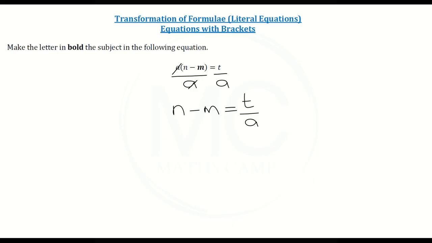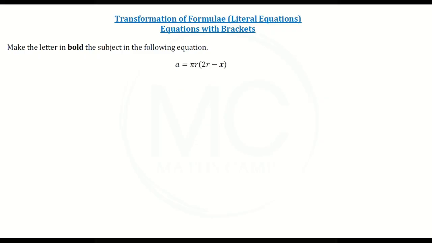Now, our bold letter is m, but in this case, it's negative. So what we need to do now is move the m across, and we place it on this side of the equal sign. To make sure it stays by itself, we're going to move t over a to the left. So I have n, which is already there, and say minus t over a. M is now the subject of this equation.